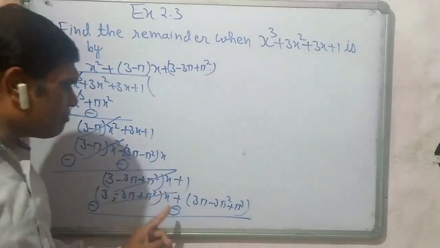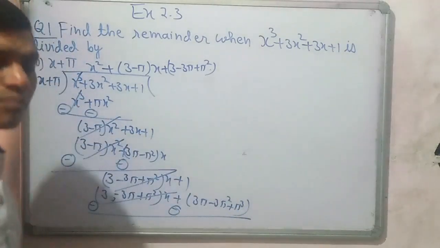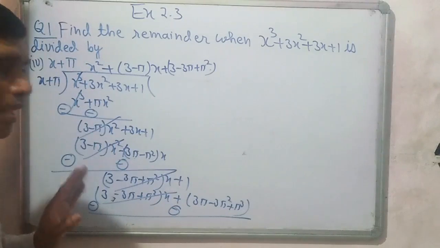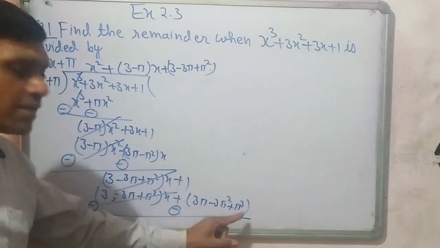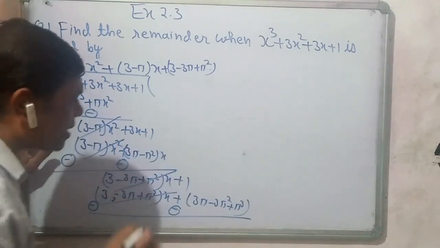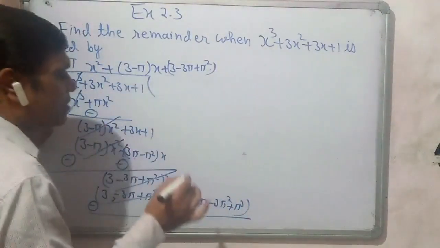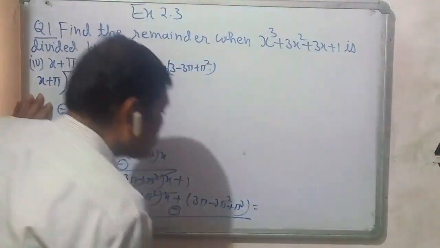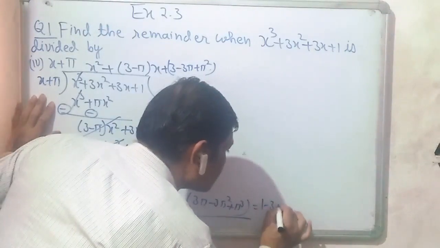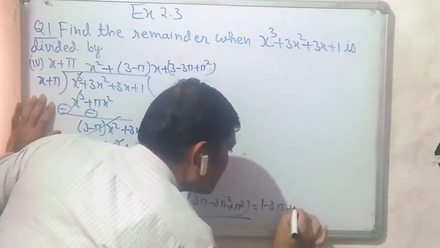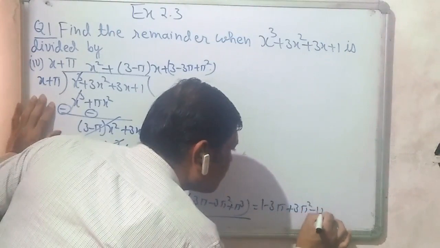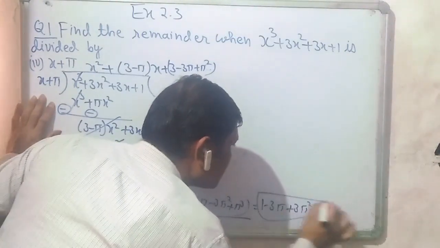Nothing. One minus sign, the signs changed. Since there is a minus, all the signs will change. What I am getting, I'll write it over here, is 1 minus 3 pi plus 3 pi square minus pi cube. That's our remainder.